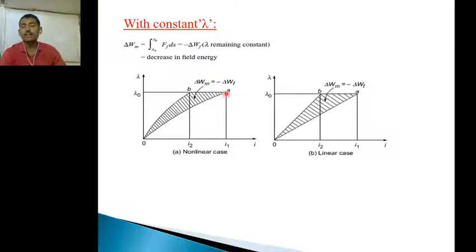If we move the armature from xa to xb, then this field energy is reduced to this value. So when I is constant the co-energy will be increased, and when lambda is constant the field energy will be decreased. These are the observations we can make using these diagrams.